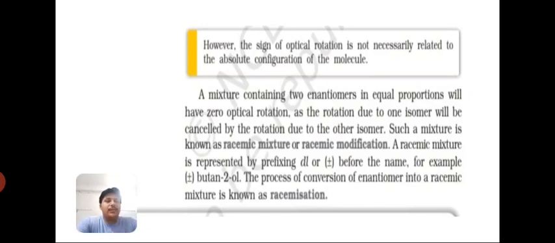The molecule which shows such isomers is called a racemic mixture or racemic modification. Both forms are there, so we represent it with DL or plus and minus.